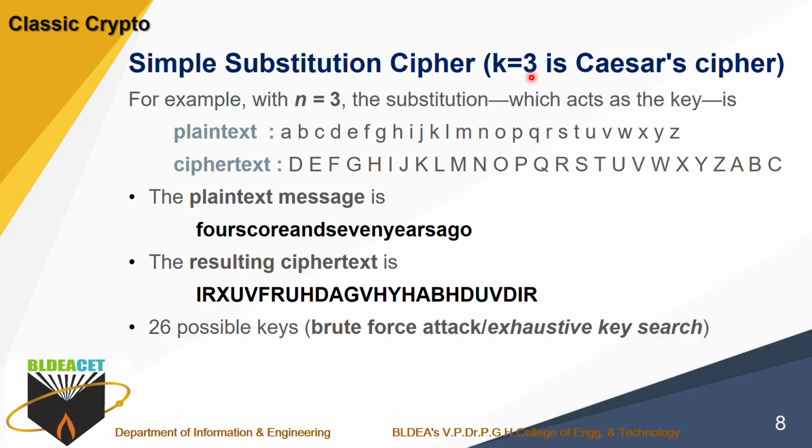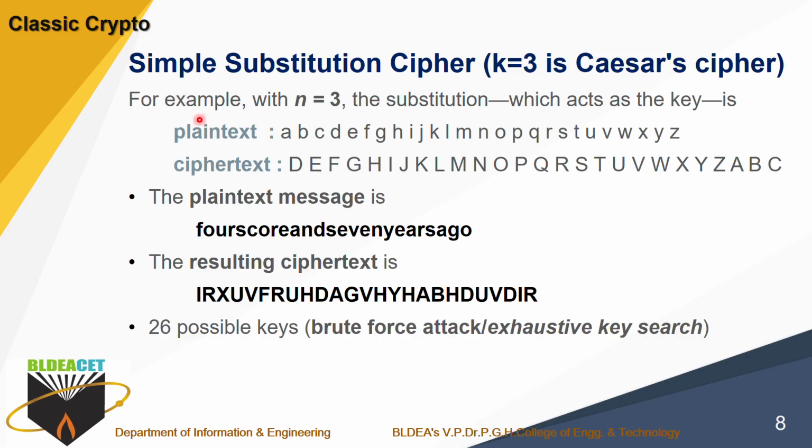In the substitution method, if your key value is 3, then you call that a Caesar cipher. Caesar cipher means what? It is the default, with the key as 3. If you are using substitution and the key value is 3, you can take that as a Caesar cipher.